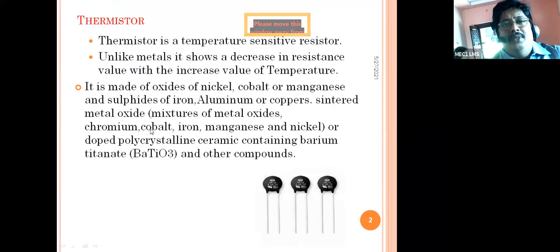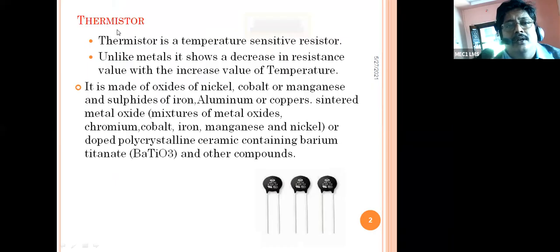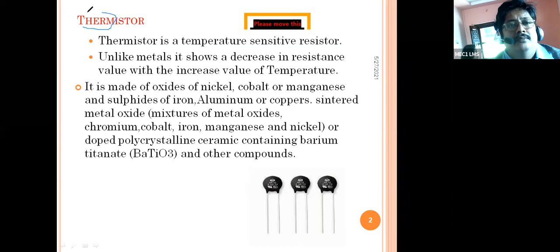In the name itself, thermistor, you see the combination of two words.